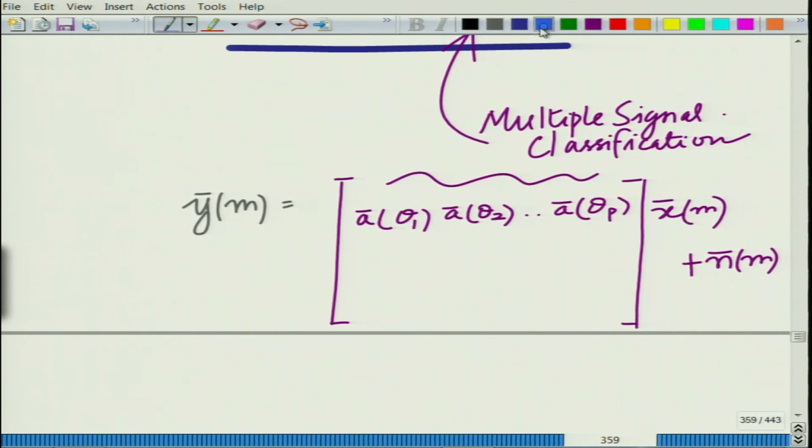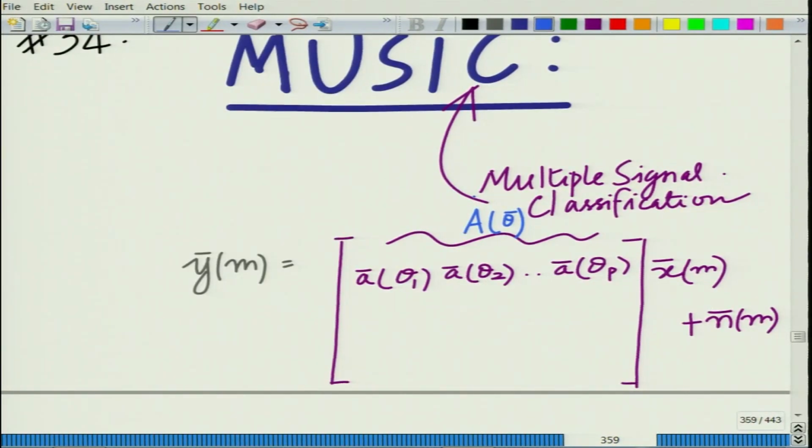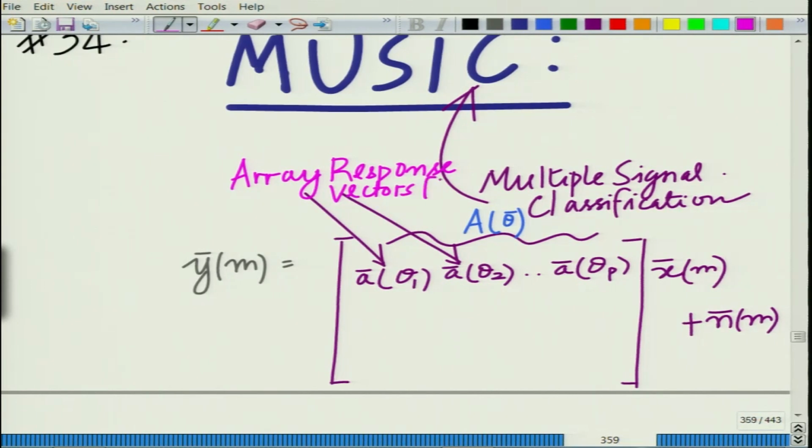This is the matrix A of theta, or you can call it A of theta bar, which contains the array response vectors corresponding to the DOAs, directions of arrival. Each of these is an array response or array steering vector for the directions of arrival of the targets.